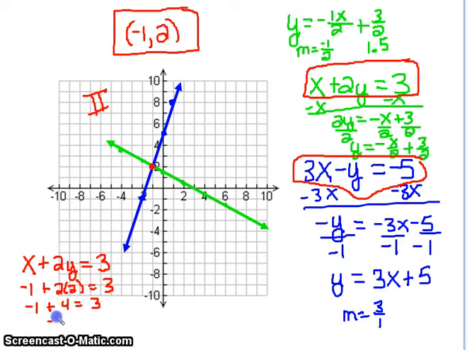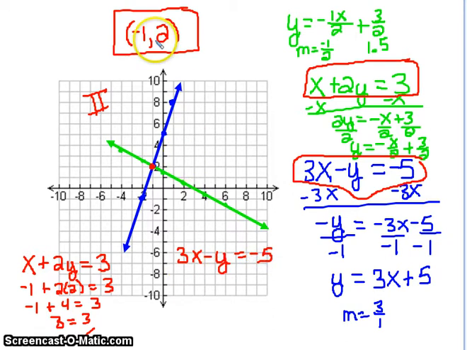Pardon me, I wrote that wrong. Negative 1 plus 4 is 3, and so it checks. Ultimate nerds check both equations, and I'm right there.